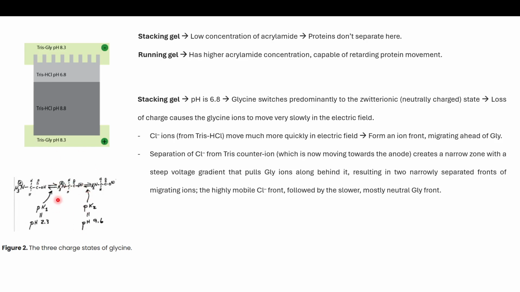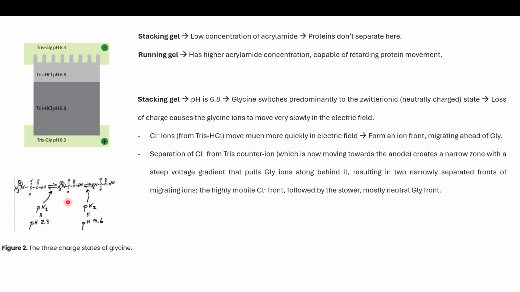So the net charge on this amino acid at this point is 0. This is the zwitterionic state of glycine. The pH at which the amino acid exists as a zwitterion, or a neutrally charged molecule, is called the pI, or the isoelectric point. It's not that there are no individual charges present. Charges are there, but the net charge on the molecule is 0.